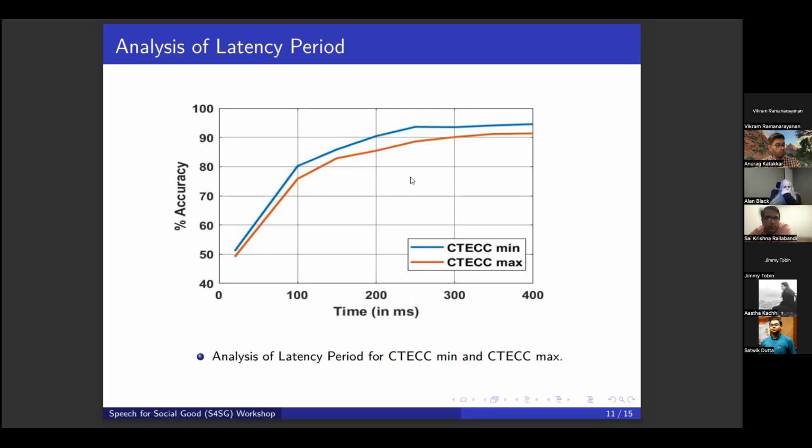This might be due to the fact that CTECC maximum captures the environmental conditions, whereas CTECC minimum captures the linguistic information.